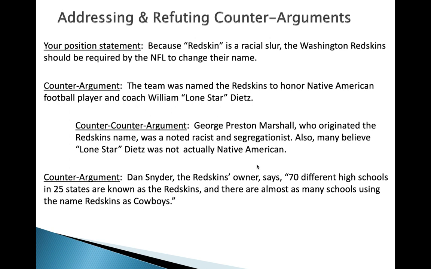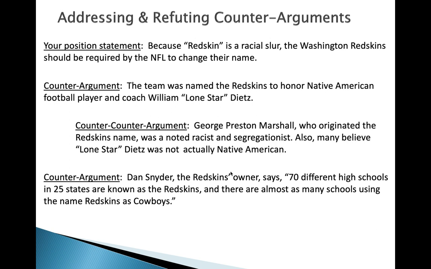One way I can do that is by pointing out that it's not a very logical argument. Just because 70 different high schools in 25 states use the name Redskins doesn't make the name okay. In fact, I could even turn that to my advantage and say the fact that so many different schools full of impressionable young people are using this name makes it even more imperative that the NFL set a good example and change the name as a kind of teachable moment.